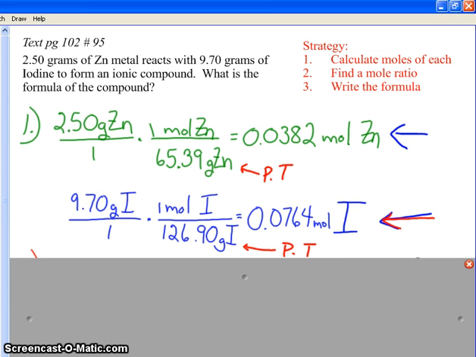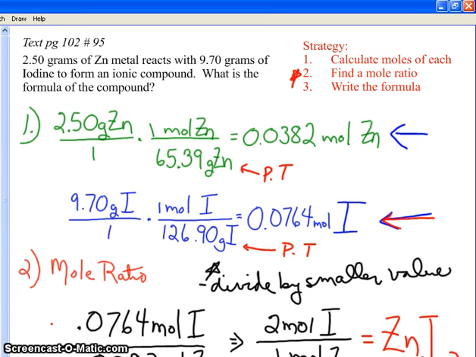Now, if you look at those numbers, maybe you might see a connection between the two of them, maybe not. Whenever we're going to find a ratio, which is the next step here, once we find the moles, we want to find a ratio. We always want a ratio that's a whole number, a number larger than 1. So we're going to put the larger number divided by the smaller number.